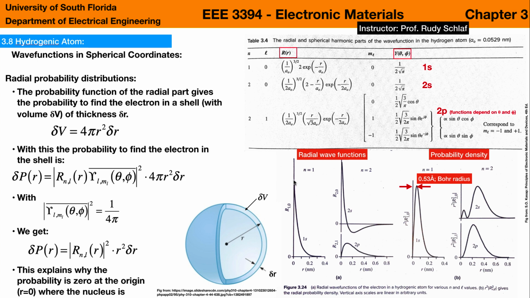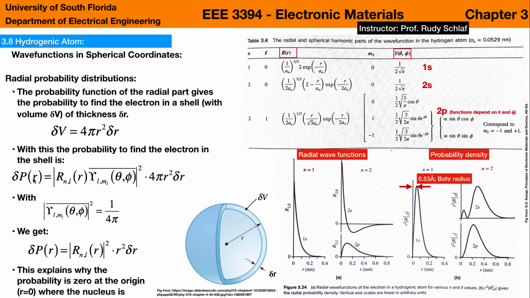This has to do with spherical coordinates. If we want to calculate the probability to find the electron in a shell of the thickness delta r, we need to calculate the volume of this shell, and the volume is calculated by calculating the area of the shell and multiplying it with this thickness.